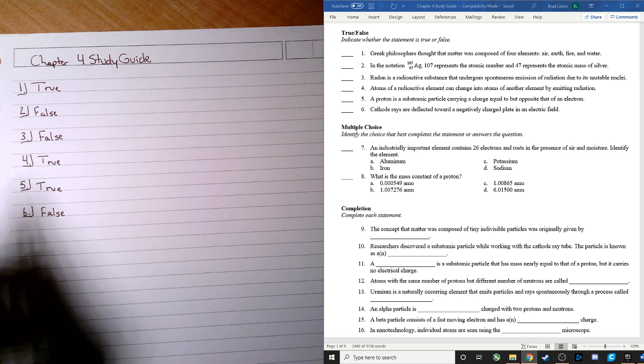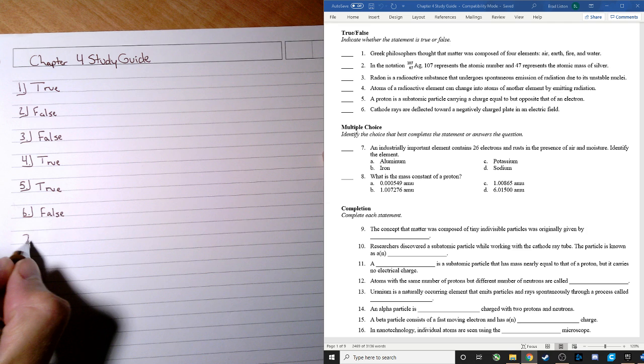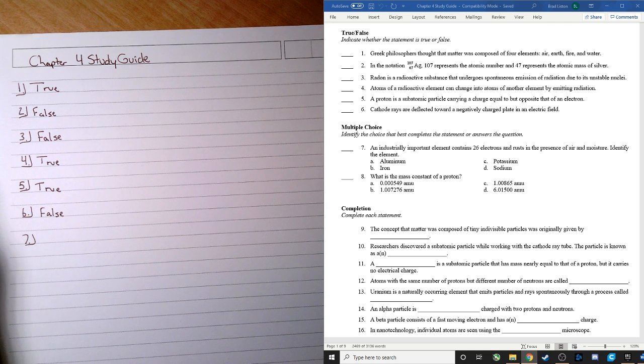All right, next. 7. An industrially important element contains 26 electrons and rusts in the presence of air and moisture. So identify the element.